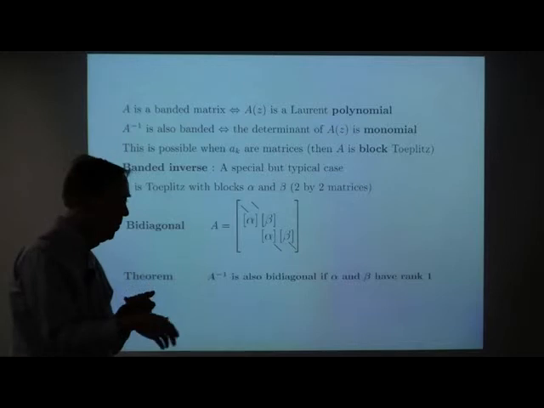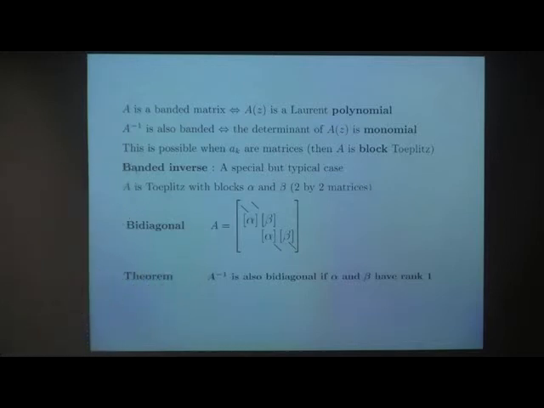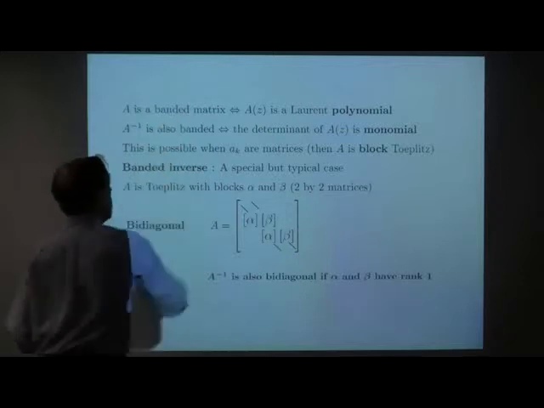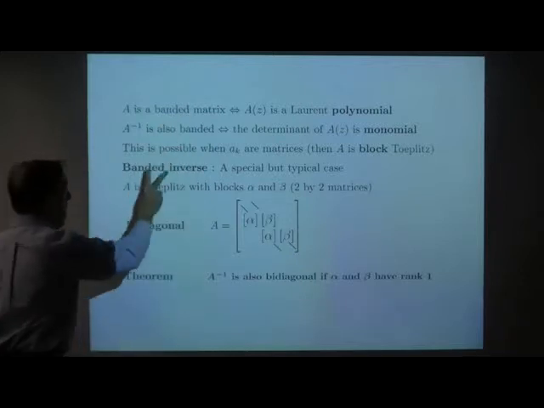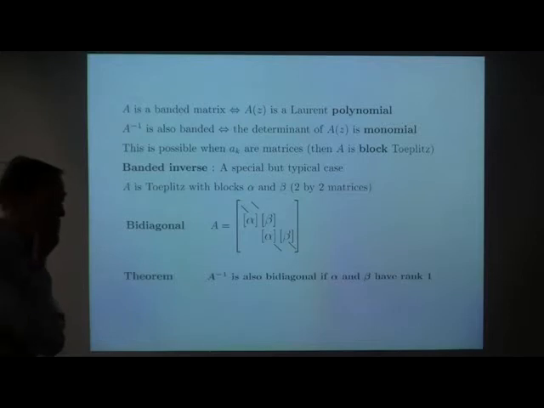The Daubechies wavelet matrices are banded, and their inverses are banded. So that's a very unusual family of matrices. Banded matrix with a banded inverse. Yeah, that's a very special kind, but wavelets are in that collection.